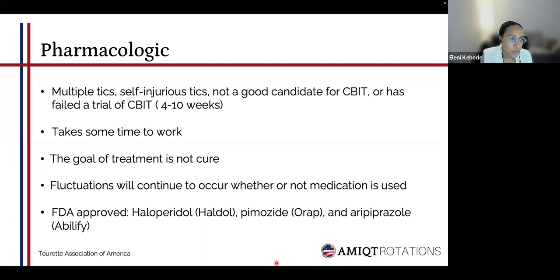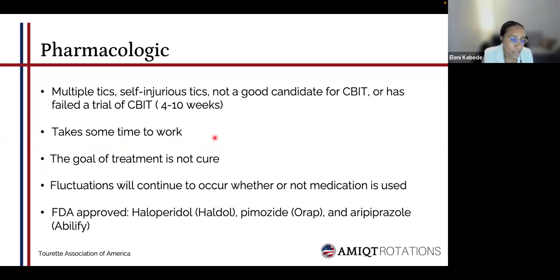So when we go to pharmacologic treatments, we should consider drugs when we have multiple tics, self-injurious tics, when a person is not a good candidate for behavioral treatment, or they have failed it after trying it for about 4 to 10 weeks. Before starting any drug treatment, we have to tell them that it takes time to work. The goal is not cure, like we said.